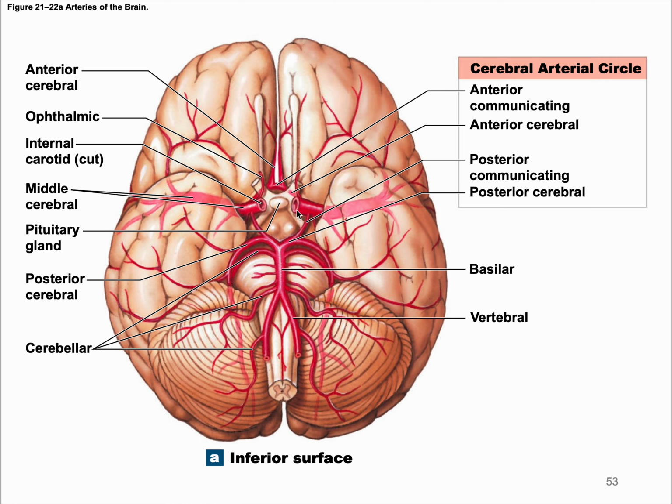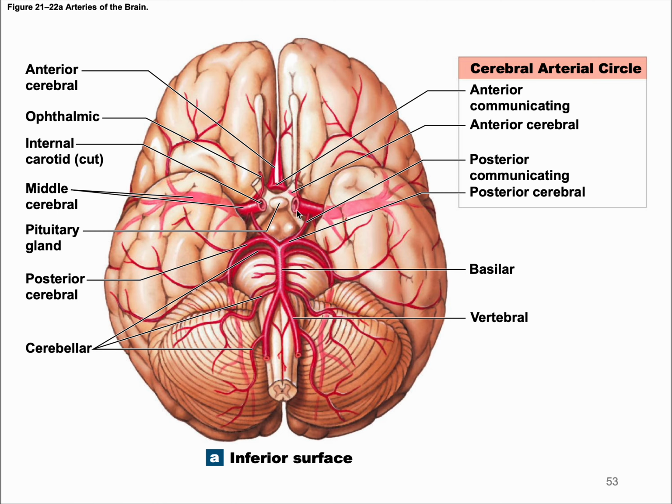And from the vertebral arteries, we could have the anterior cerebellar artery branching off, and soon after the vertebral arteries merge together, we could have the posterior cerebellar artery, which will supply blood for the anterior and posterior portion of the cerebellum.